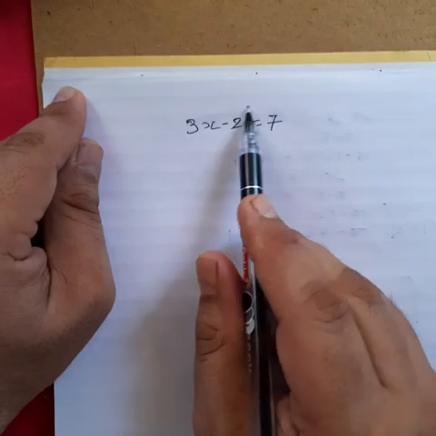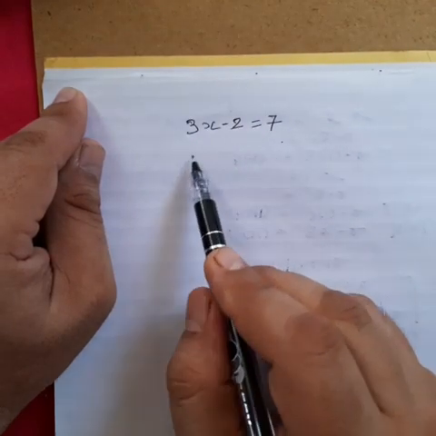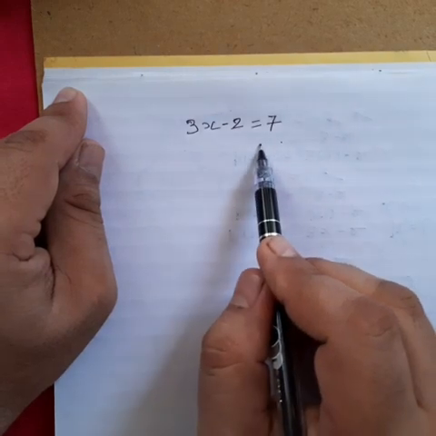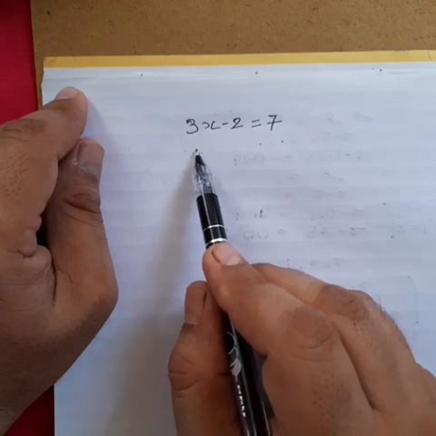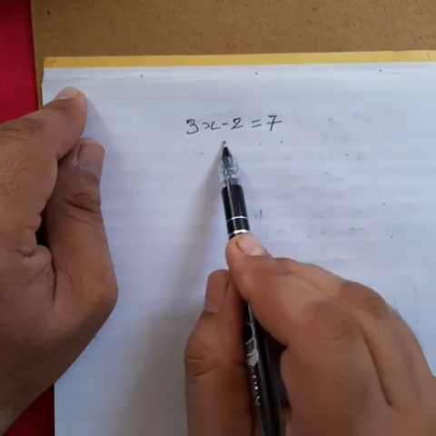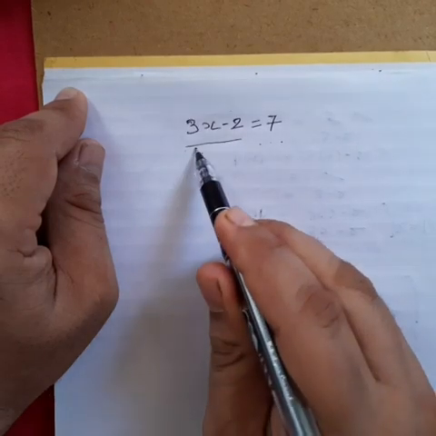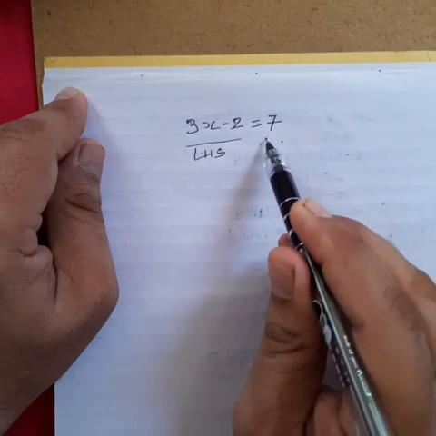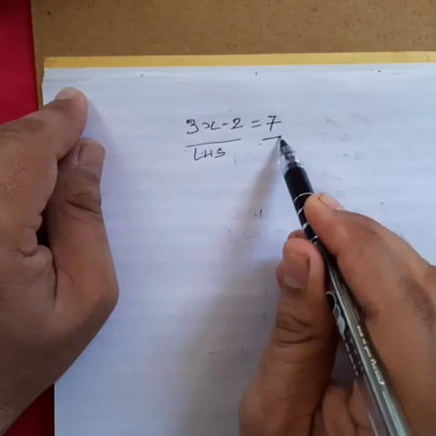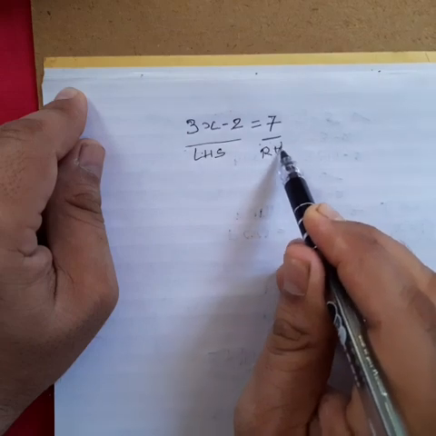Here you can see the given formation has two different sides. 3x minus 2 is the left hand side, and 7 is the right hand side.